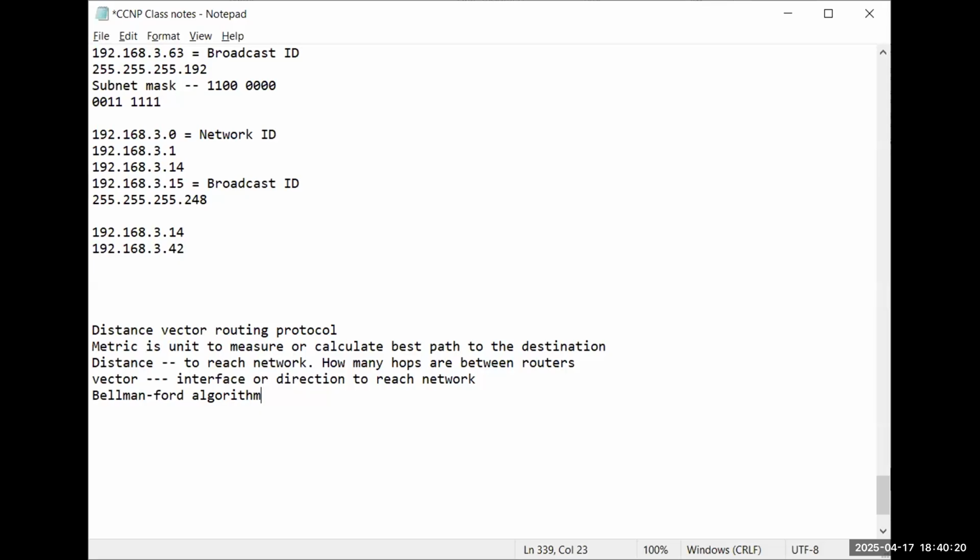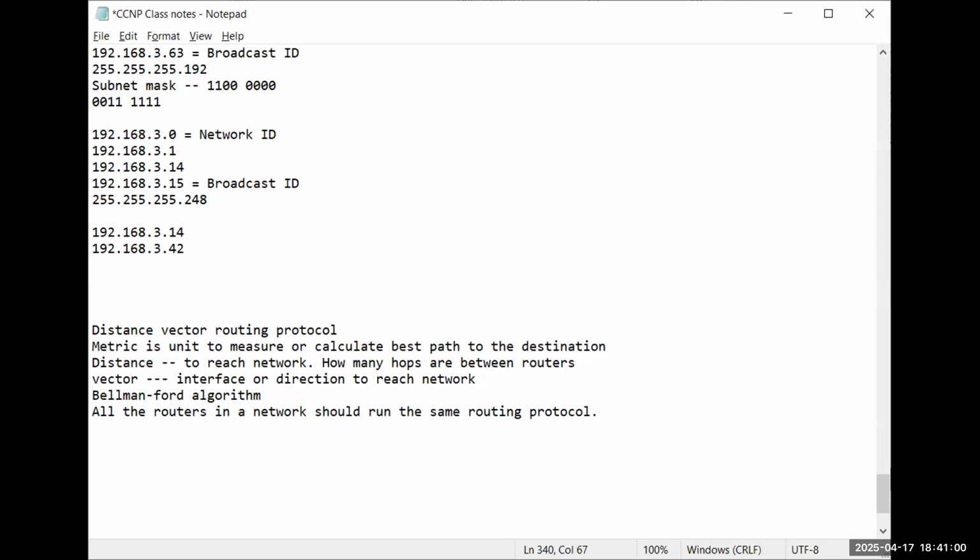We are just going to advertise, but we need to make sure the other router, the neighbor router, or whatever network we are forming with the routers, all the routers in a network should run the same routing protocol.